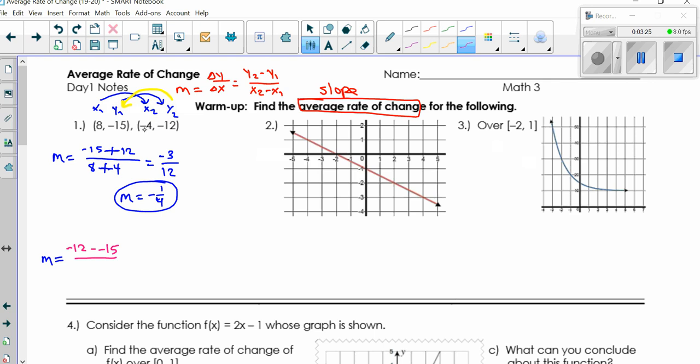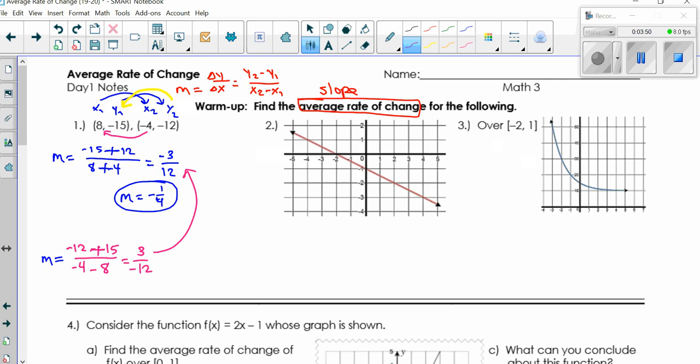And then I'd have to do the same thing with my x's and go this way. So I'd say negative 4 minus 8. This gives me a positive, so negative 12 plus 15 is 3. And negative 4 minus 8 is negative 12. Notice that this is the same thing. Notice the difference is the negative ended up in the numerator here and ended up in the denominator here. So that's always what will happen. The negative will just move.